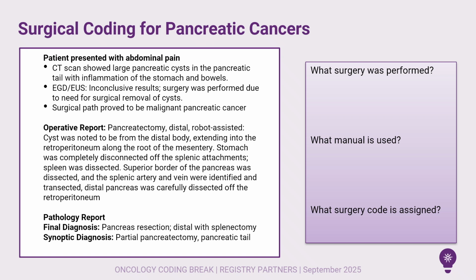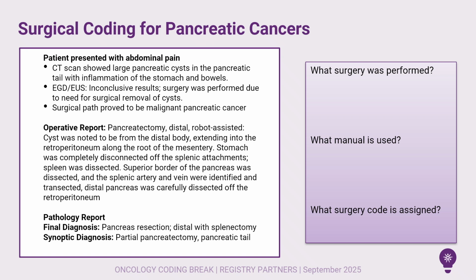The operative report had a title of pancreatectomy, distal, robotic assisted. The cyst was noted to be from the distal body, extending into the retroperitoneum along the root of the mesentery. Stomach was completely disconnected off the splenic attachments, and spleen was dissected.